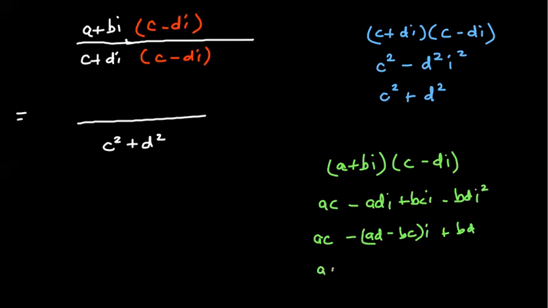So this becomes ac plus bd minus ad minus bc i. So that's what our numerator becomes. So this is ac plus bd, minus ad minus bc.